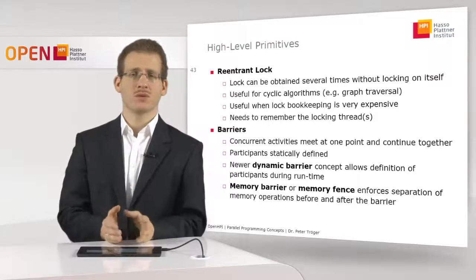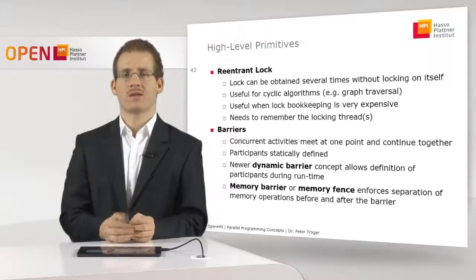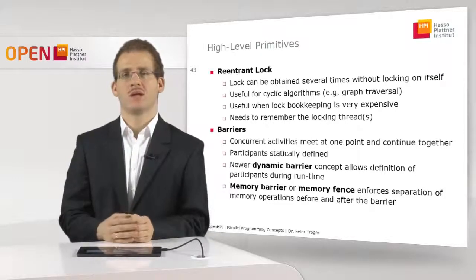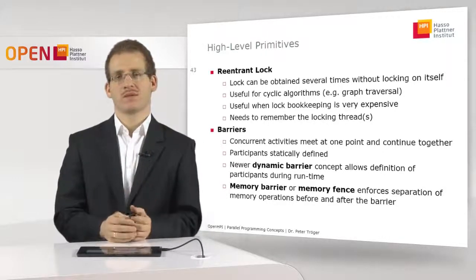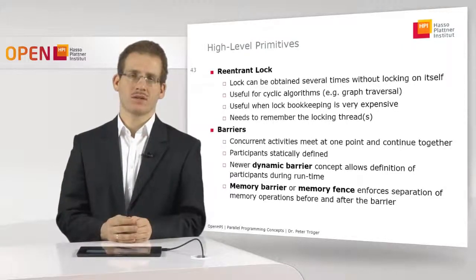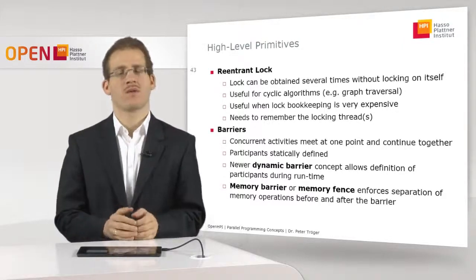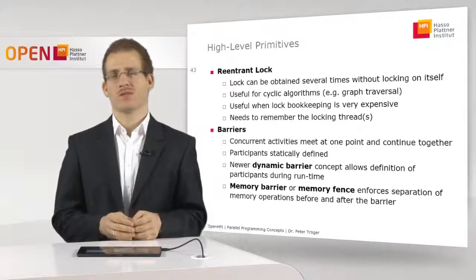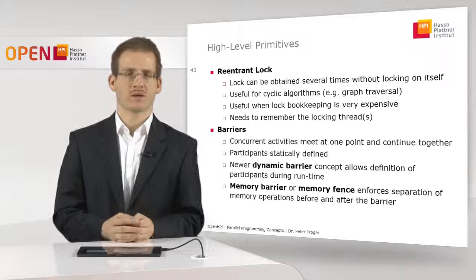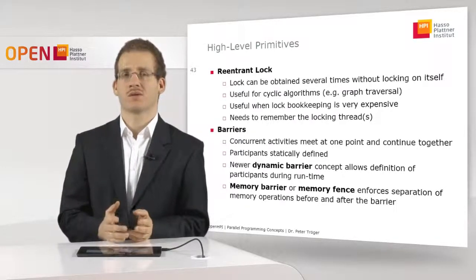This is crucial for implementing several classes of algorithms, such as cyclic algorithms, where, due to recursion or any kind of backtracking mechanism, you have locks being acquired several times because the code is run several times. This is especially useful when the bookkeeping for doing the according number of unlocks would add a lot of memory consumption or computational effort to your program. If you have a reentrant lock, one unlock is enough, regardless of how many locks you did beforehand.